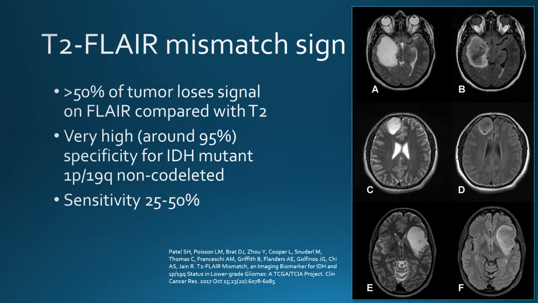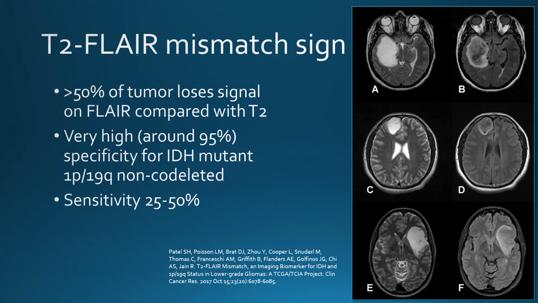And surprisingly, this had an extremely high specificity for IDH mutant 1p19q non-codeleted. So in other words, astrocytoma, but not oligodendroglioma. And the specificity was around 95%.